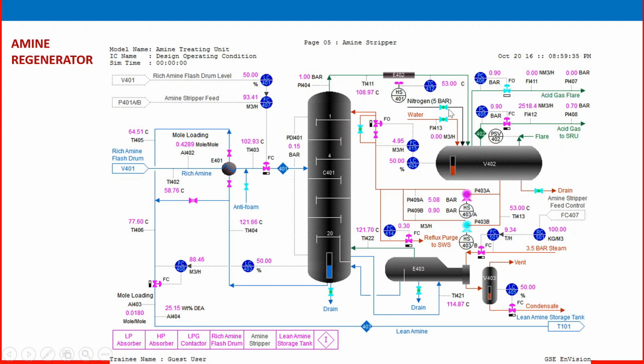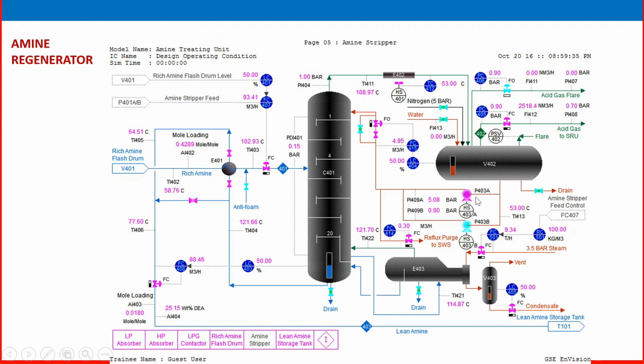After cooling it is around 53 degrees C, and it enters the accumulator after condensation. Here it separates in three phases. One is the gas, the acid gas, going to the flare or to another vessel for acid gas recovery, and the water and amine go back to the system.